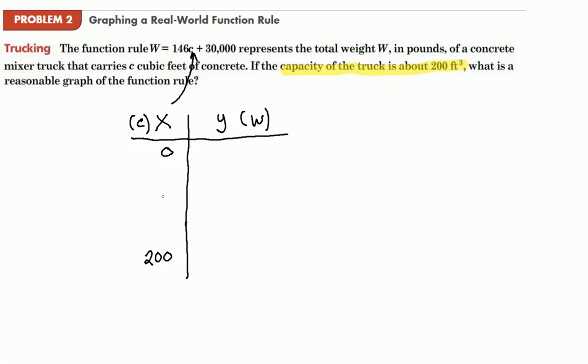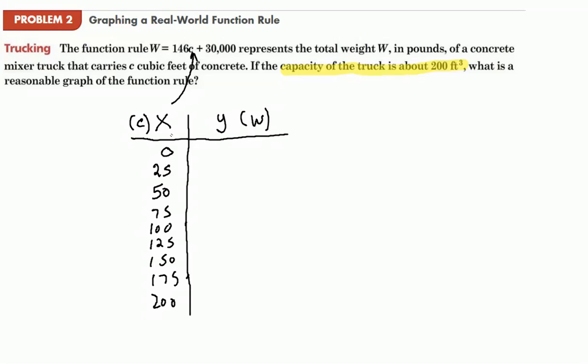So what would be a reasonable way to get from zero to 200? To me, you want just a few points. So I would go every 50: 0, 50, 100, 150, and then 200. There you have 5 points. Maybe that won't work, maybe we want a couple more points. Maybe we can do 0, 25, 50, 75, 100, 125, 150, 175, and 200.